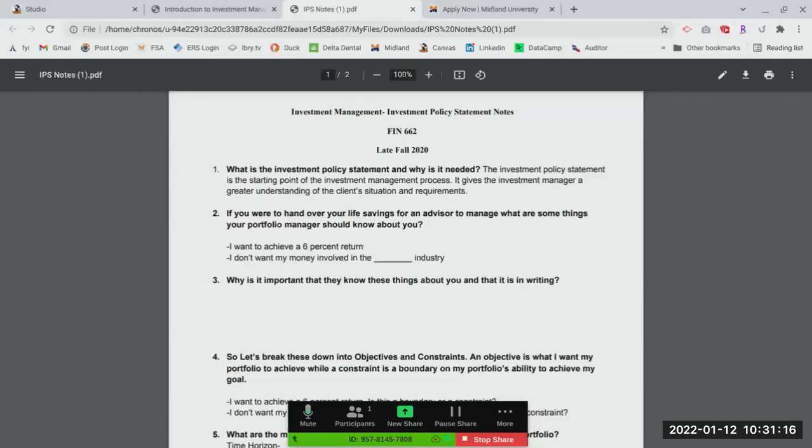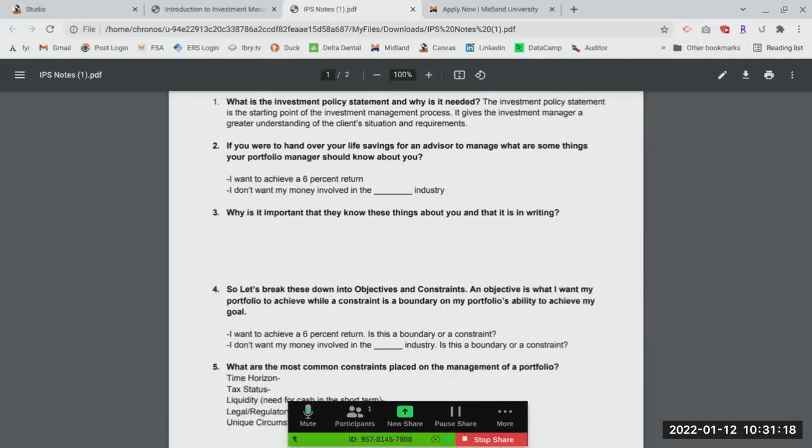Some people are very risk averse and don't want to lose money. Some people are bigger gamblers and are willing to take more risk to get more return. And so our investment policy statement tells about us or the institution and what their goals are, what they're looking to get out of their investments.